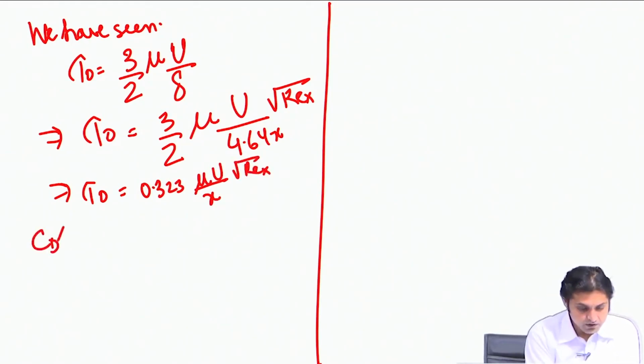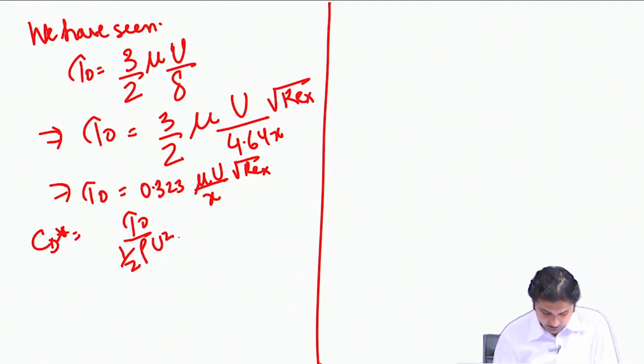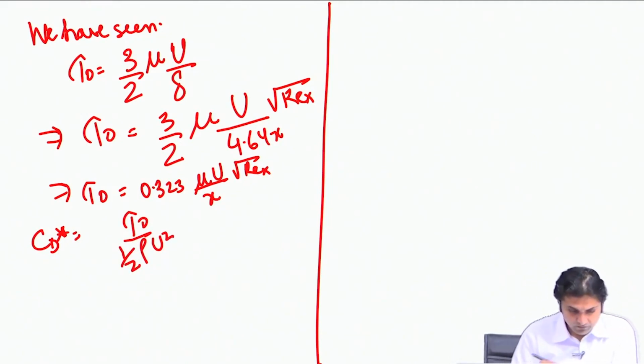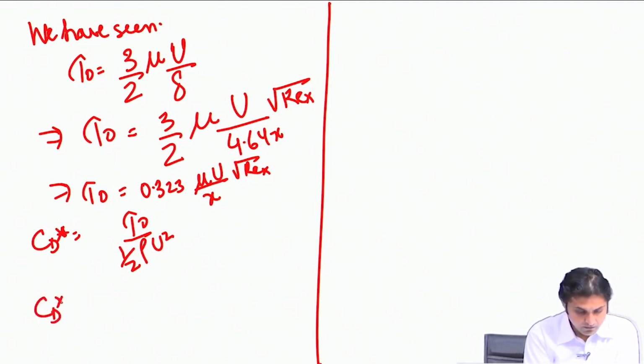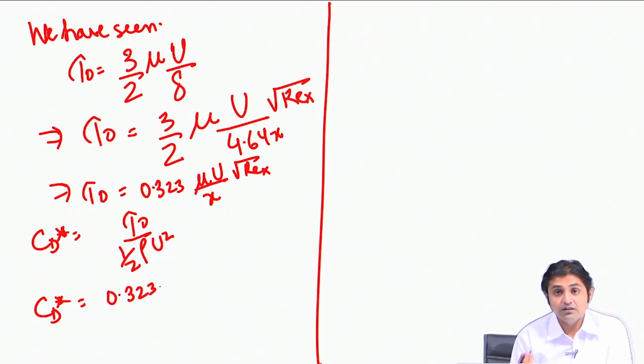Now what is the local coefficient of drag? Tau naught by half rho U square, correct. So CD star is tau naught, 0.323. So basically this is sort of a derivation of steps for some results which I showed you directly.